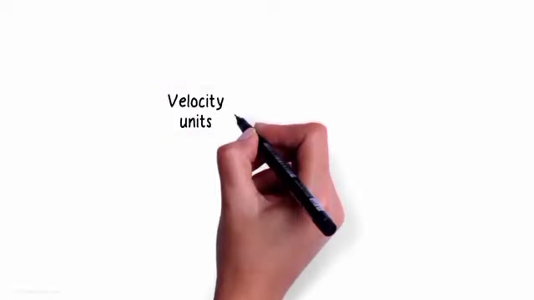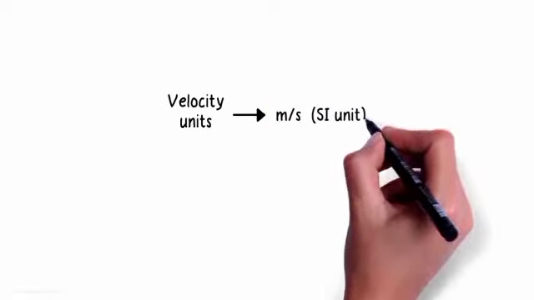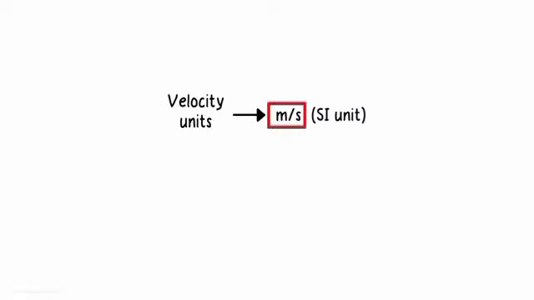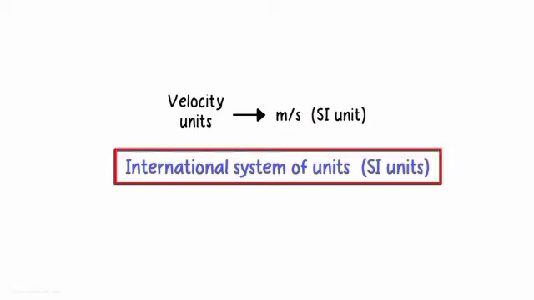What do you think is the unit of measurement of velocity? The unit of measurement of velocity, just like speed, is meters per second. Now you might ask, why meters per second? The cars we drive indicate speed in miles per hour or kilometers per hour. So why is the unit for velocity meters per second? The established SI unit for measurement of velocity is meters per second, and SI stands for International System of Units.